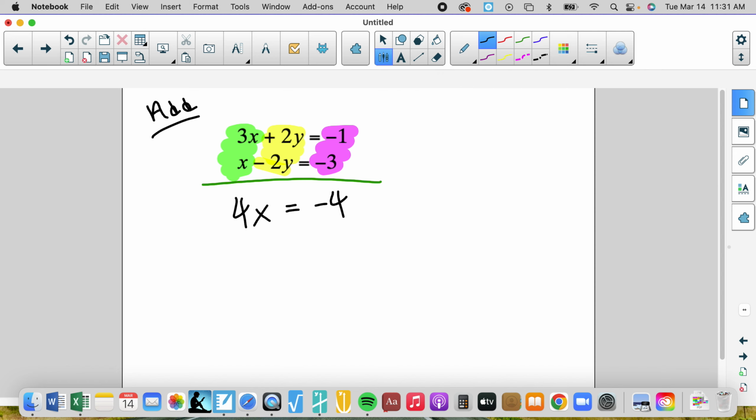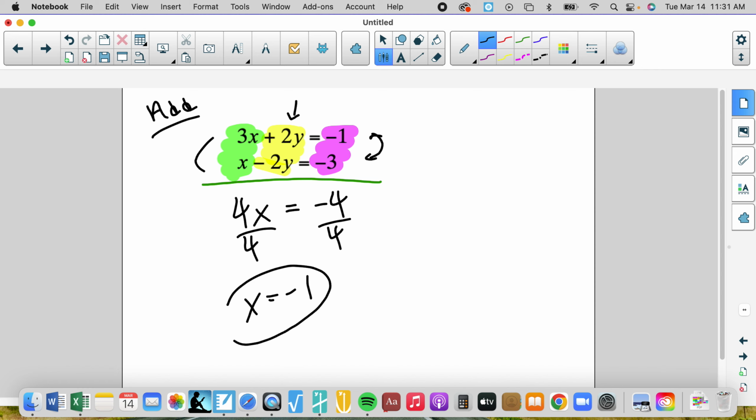So now we went from adding these two equations, where they cancel out one of the variables, and now we can solve for the variable. We couldn't solve when we had either of these. So this gives us x equals -1, and then we can plug it back into one of those equations.